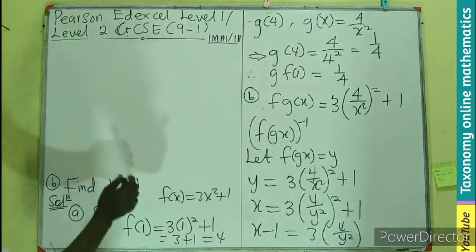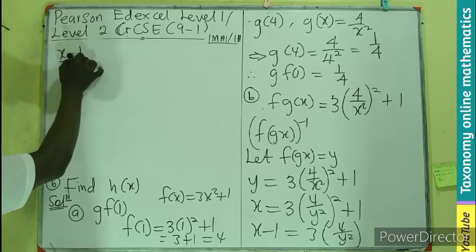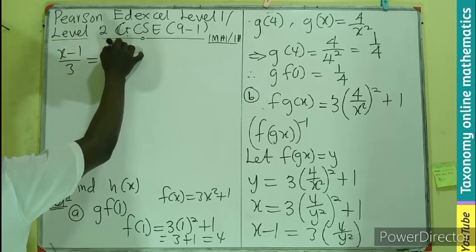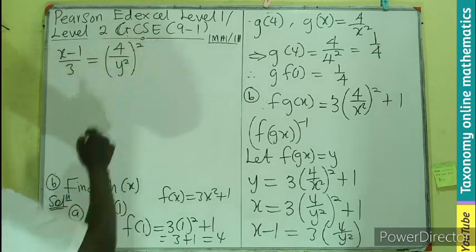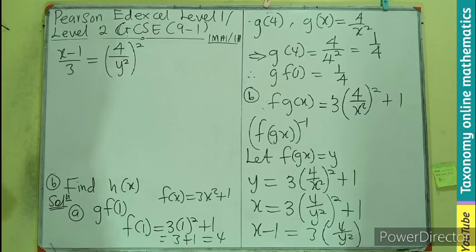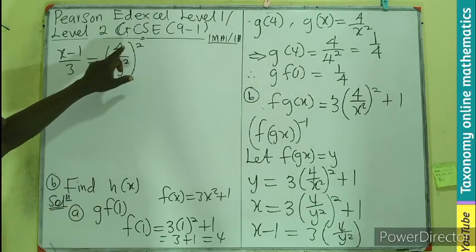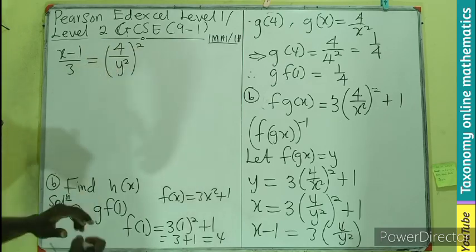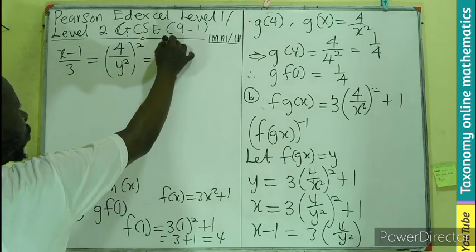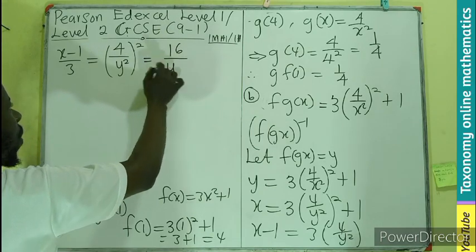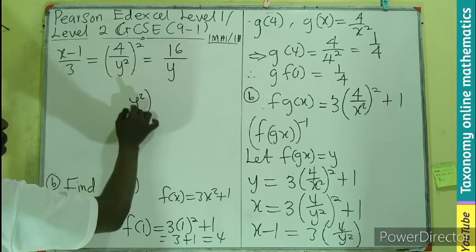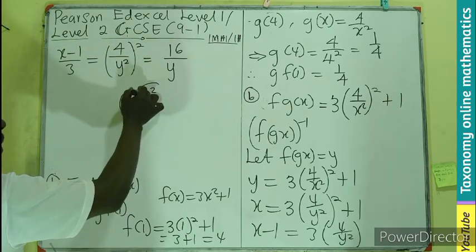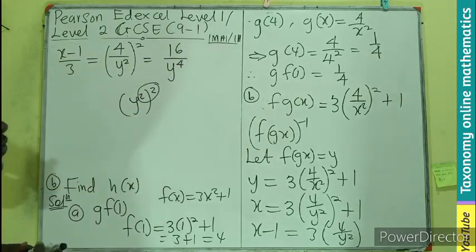So this will become x minus 1 divided by 3 equals 4 divided by y squared, all squared. The square is affecting the 4, and the square is also affecting the y, so I can rewrite this as 16 divided by y squared all raised to the power 2. These two powers will multiply to give you the power of 4.